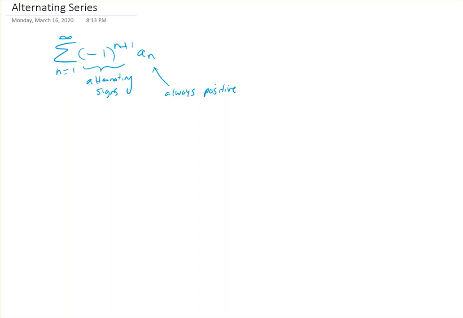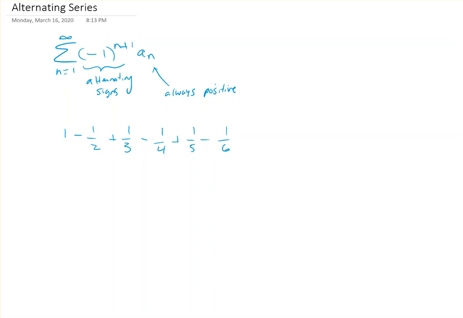So you may be asking, what's the big deal about an alternating series? Well, let me give you an example of one first. This alternating series is called the alternating harmonic series, because the harmonic series is this series with all pluses.